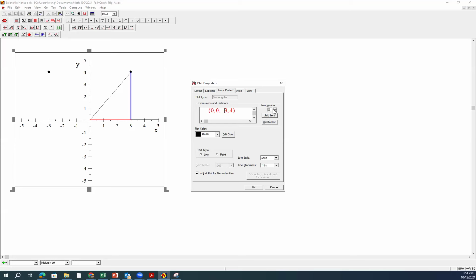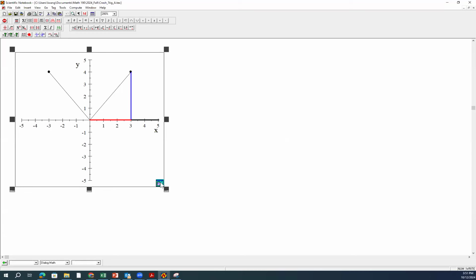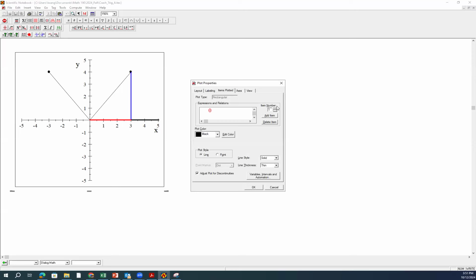And that should be that, okay? And the red. So this is going to be the blue. We got the blue and we got the red.